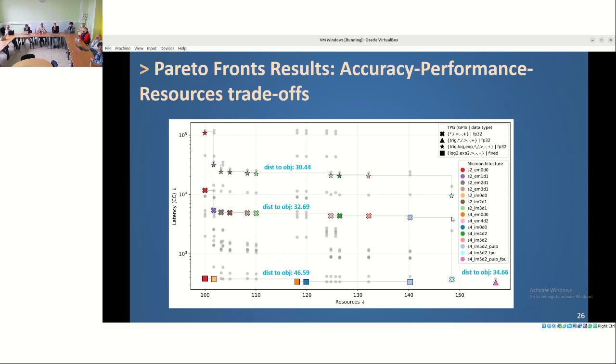Compared to the two fronts that are above it, it has an accuracy that is lower, but it has latency that is much better, which is why it's still on the Pareto front. And this is the same for this front compared to this one. This one has a better accuracy, but a much lower latency.